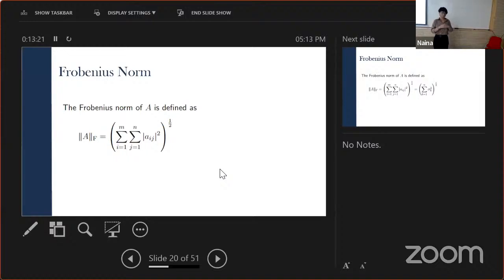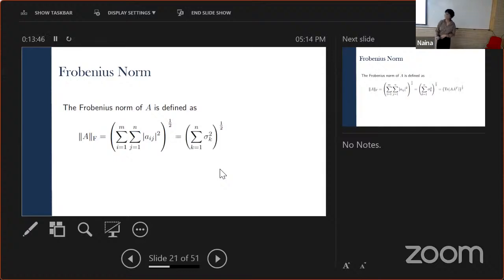So this is possibly one of the most natural ways to define a norm of a matrix. Since a matrix is essentially a vector in R^(n squared), you could just look at it as a vector in R^(n squared) and then just take the square root of the sum of the entries of the matrix squared. And that's also how you define the norm of a vector in any R^n space.